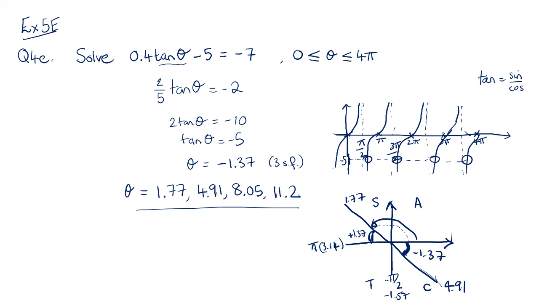Add another pi, that gets me back to that line, my 8.05 up there. And add another pi, my 11.2 radians is represented here, which is below 4 pi, or about 12.6 numerical value. I think the easiest one in this instance is to use that diagram as a check rather than CAST here.